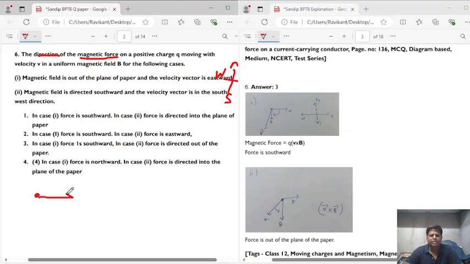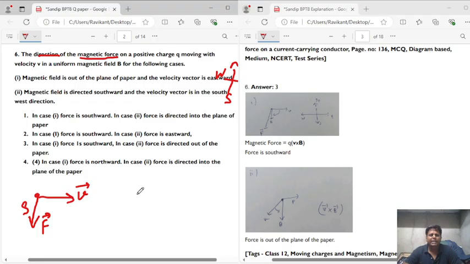This is the velocity vector. Using Fleming's left hand rule, if the magnetic field is coming out of the paper and velocity is in this direction, the force will be in the downward direction. This will be the direction of the force, and this direction is nothing but south.